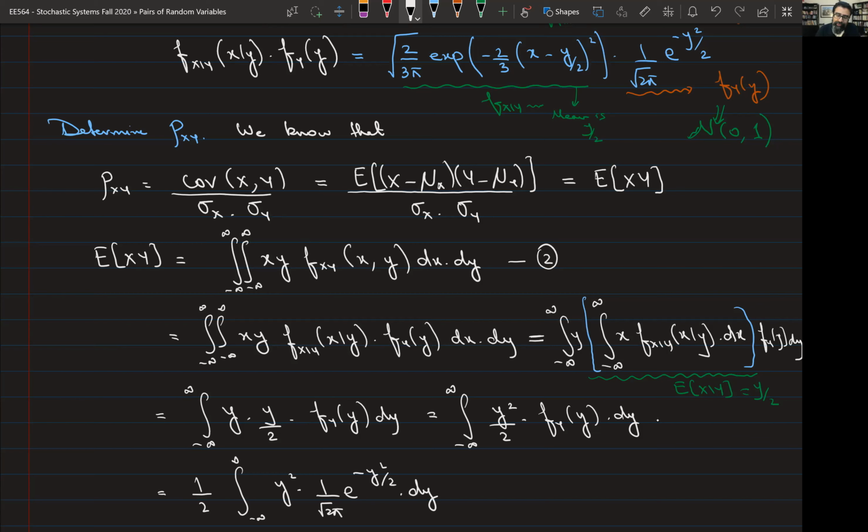Right, so I don't really need to compute this integral. I mean, this integral can be computed. वो जान जोखा काम है थोड़ा सा अगर आप calculus की basis पे जाएंगे. But we know that this is the variance of y, right? And since y is a standard normal random variable, the variance is 1.